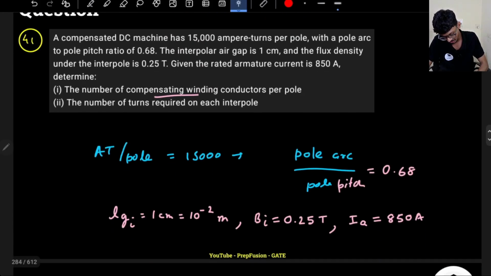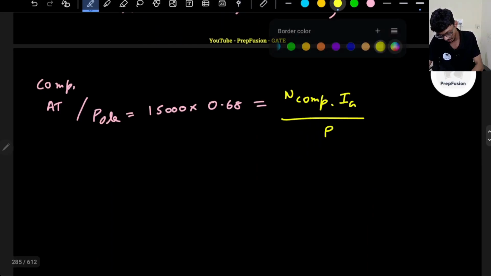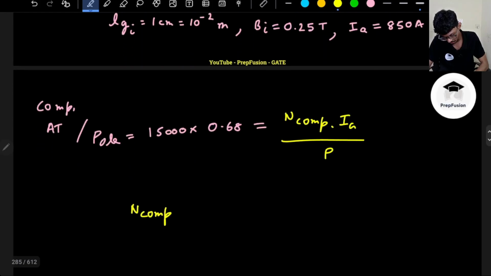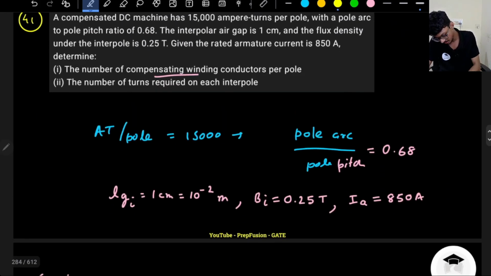The armature current is 850 amperes. So from here I can easily find N compensating. This will be the overall N compensating, but I need turns per pole.